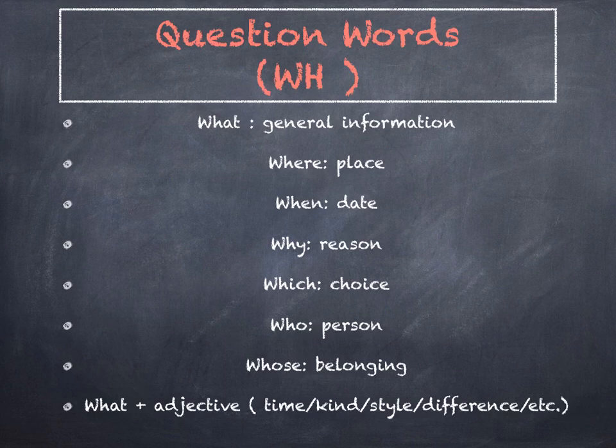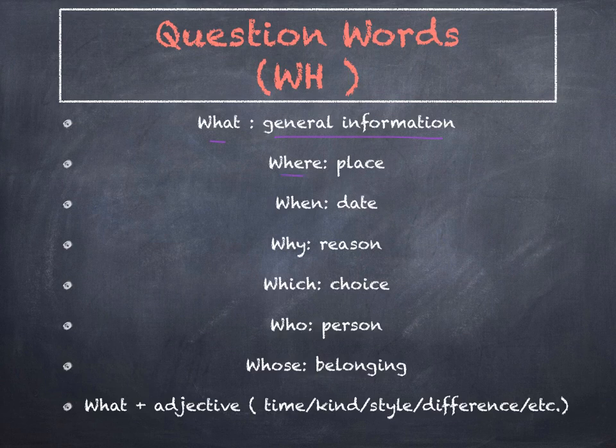Talking about question words, it's important to go for a little review of the question words. So here are the main ones. You have more extended lists in your grammar. So what is used to get general information about many different things.